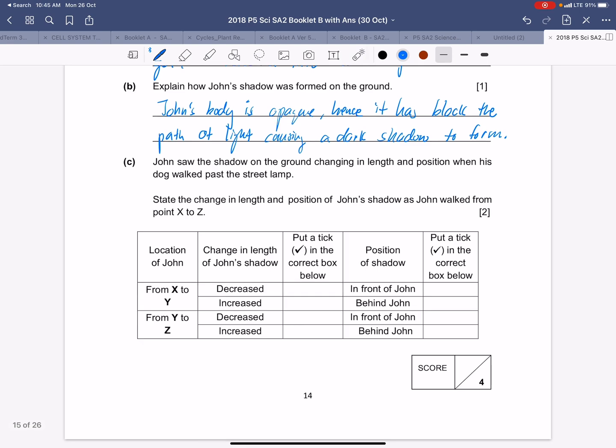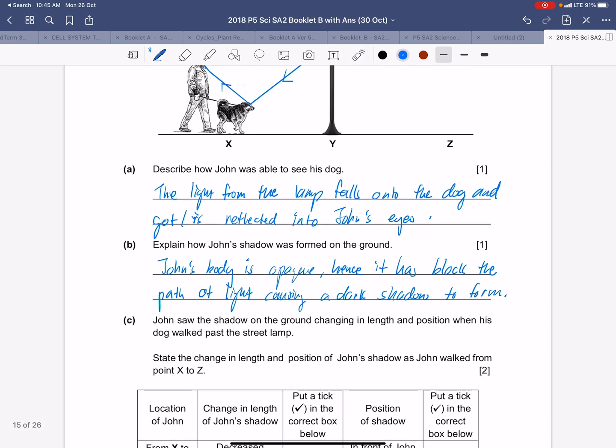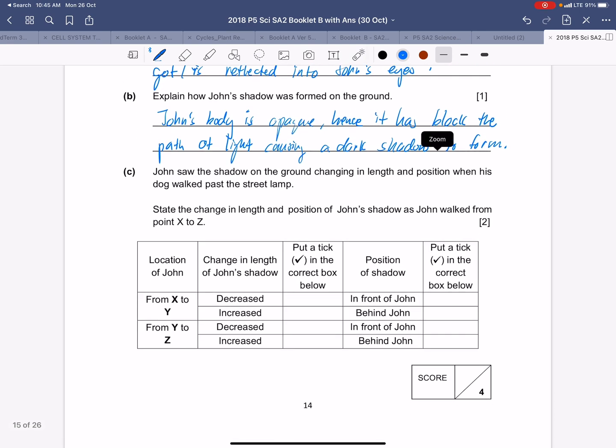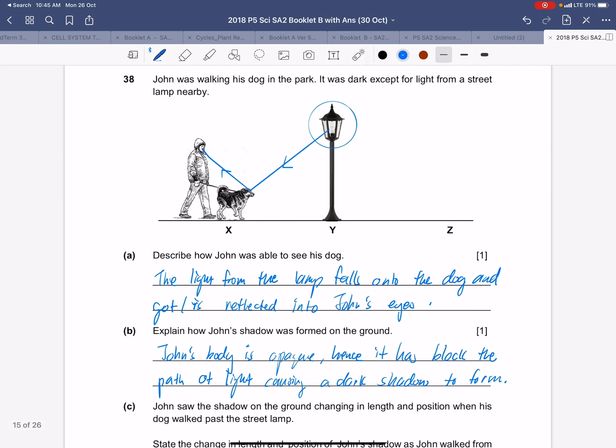When John walks from X to Y, his shadow would be the shortest at Y because he's directly below the light source, the same as the sun being overhead.